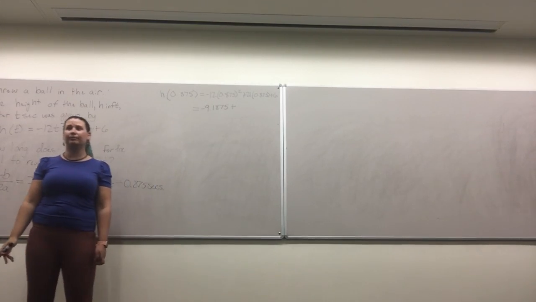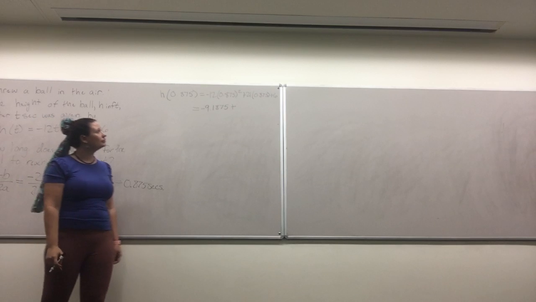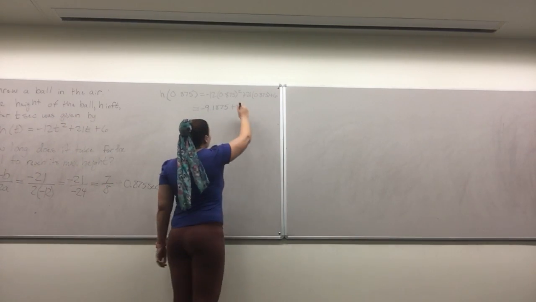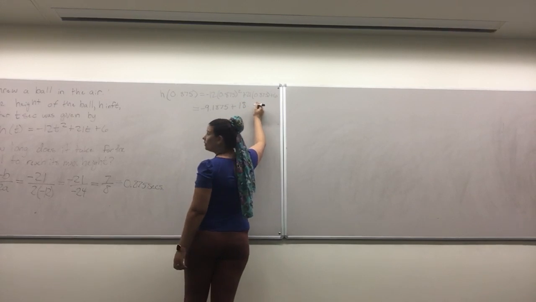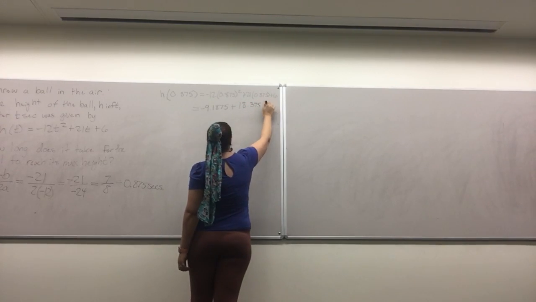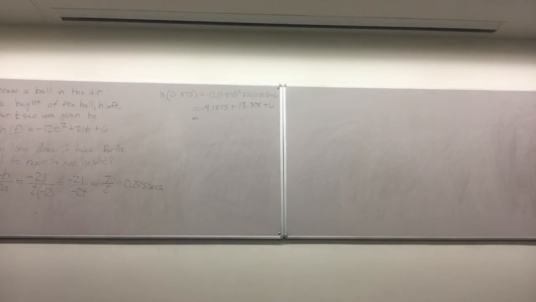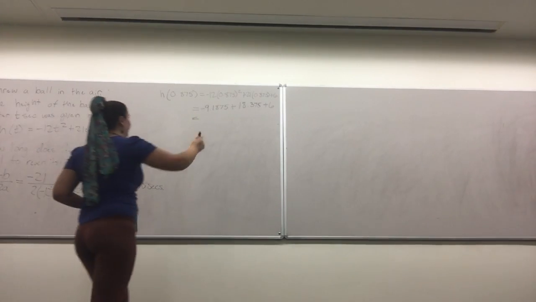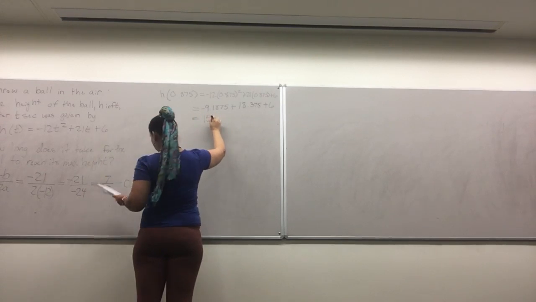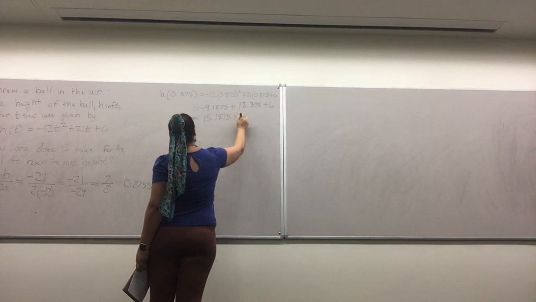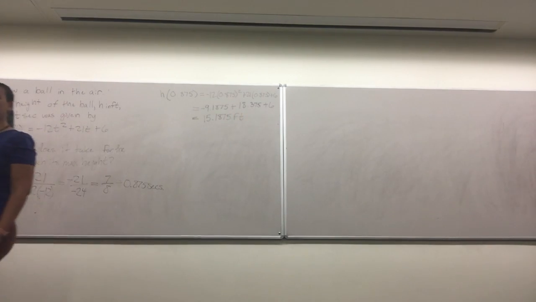Then what's the second term? 21 times 0.875 is 18.375, plus 6. If we add those together, what do we get? 15 point what? 1875. I agree. In feet, right? Because it is important to remember units when we have them.